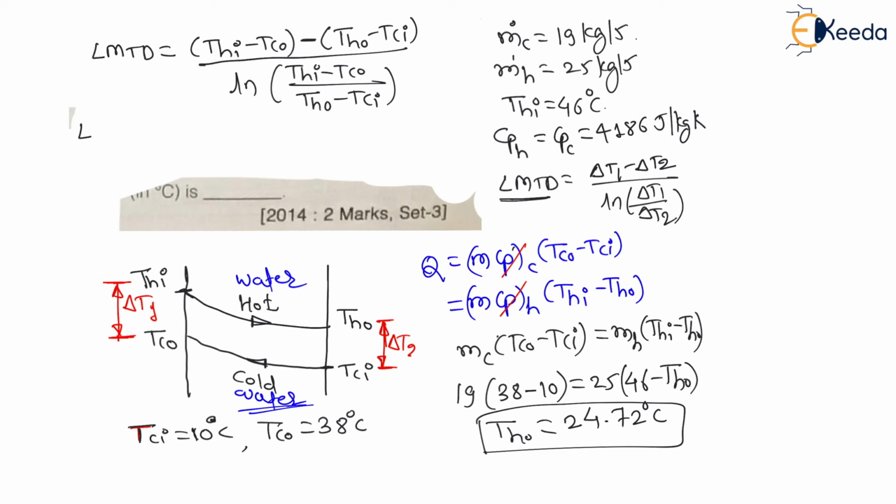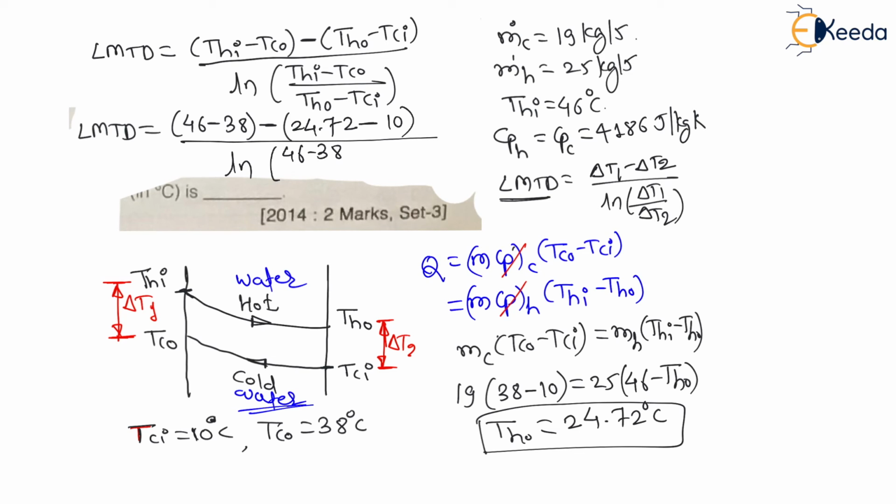So my dear students, this LMTD will be equal to, now let us put the temperatures. Thi is 46, Tco is 38, therefore 46 minus 38, whole minus Tho, which is 24.72, minus Tci, which is 10, divided by ln of 46 minus 38 divided by 24.72 minus 10, right?